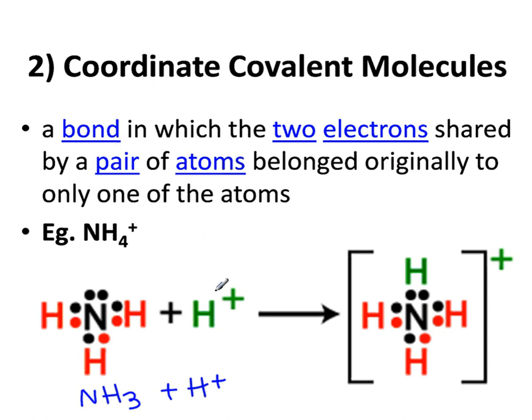So this hydrogen here, it's positively charged, has no electrons on it. It says I'm attracted to that lone pair, that negatively charged pair of electrons. It's going to come in and bond, and here it makes the coordinate covalent bond. That bond there between the hydrogen and nitrogen, that's the coordinate covalent bond.